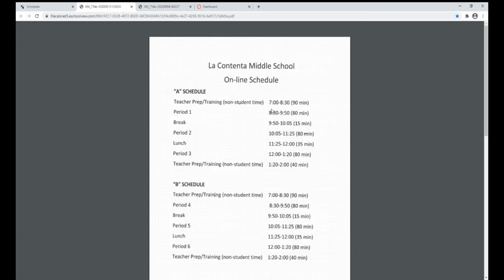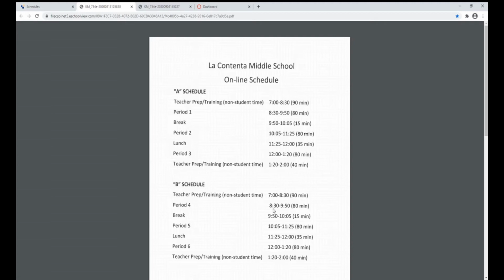So really, you just have to figure out, okay, if it's February 17th, that's a B day. Looking down here, this is the bell schedule that I follow. Right, so period 4 starts at 8:30. So I need to be logged into Zoom and ready to go to meet my teacher and my classmates at 8:30 for fourth period. Okay, so I should start my computer up a few minutes before that.